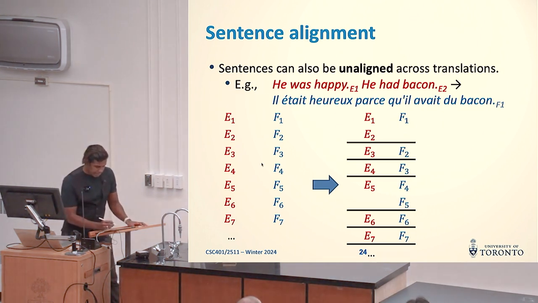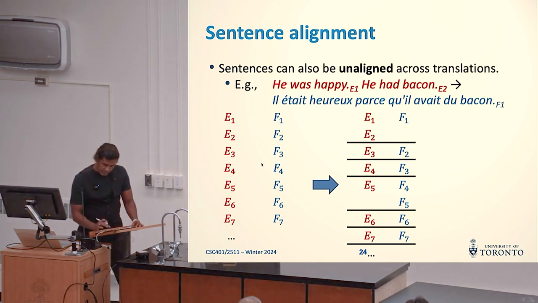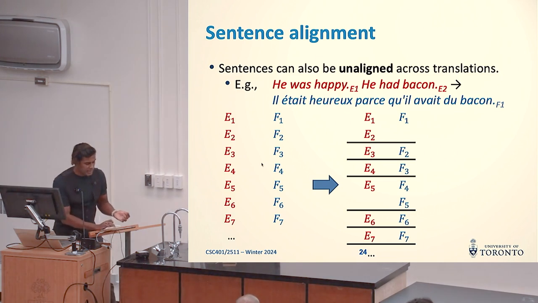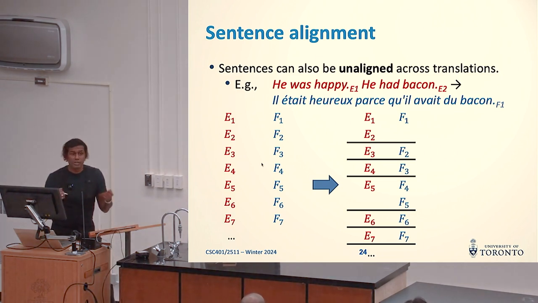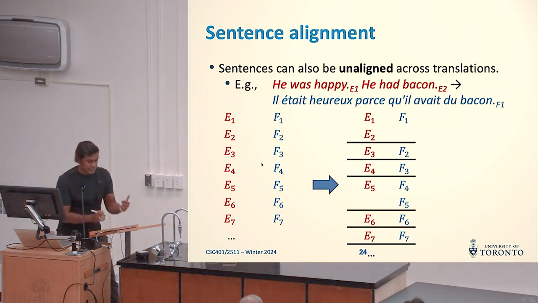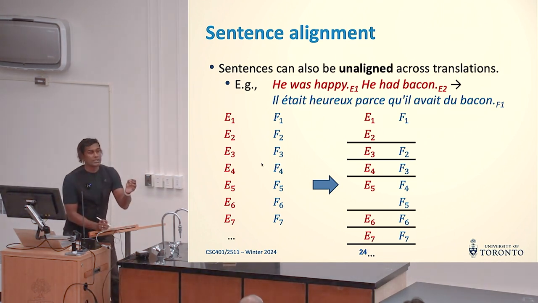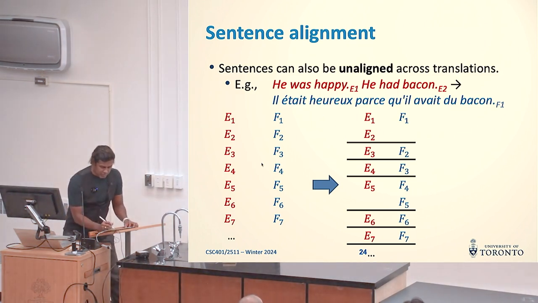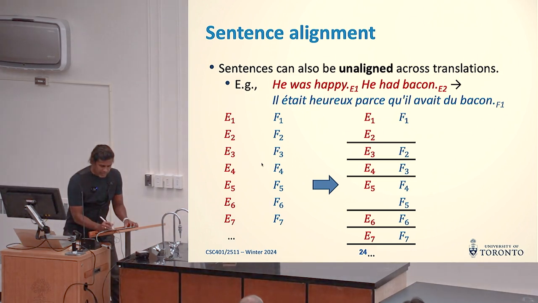This is what I mean by bead. What we're saying is that F1 aligns with E1 and E2. With this example, "he was happy, he had bacon" translates into something in French, which I'm not going to pronounce, to not butcher it. But the idea is that you can have 2 sentences aligned to this one F1 sentence, and then we draw a line. And here you see the conditional independence I was talking about: what if the next bead was F1 and F2 aligning to E3 and E4?